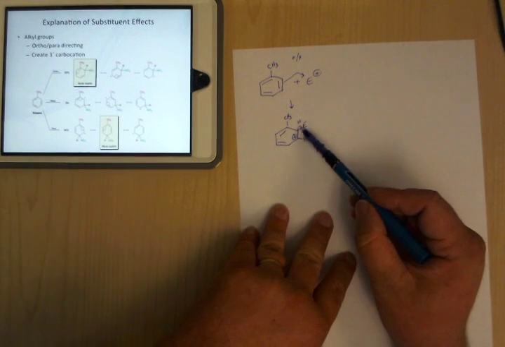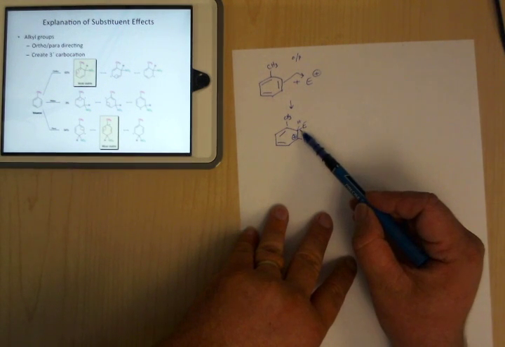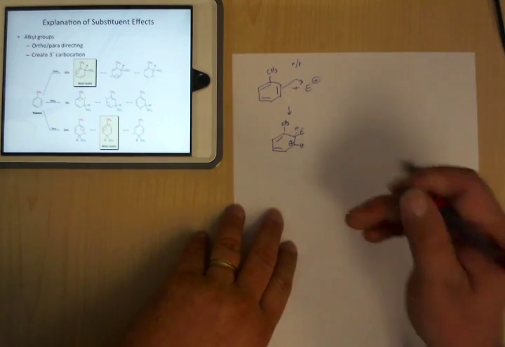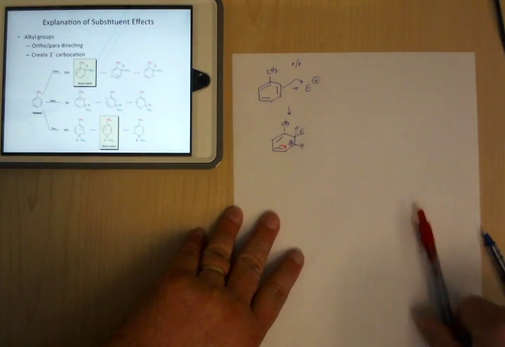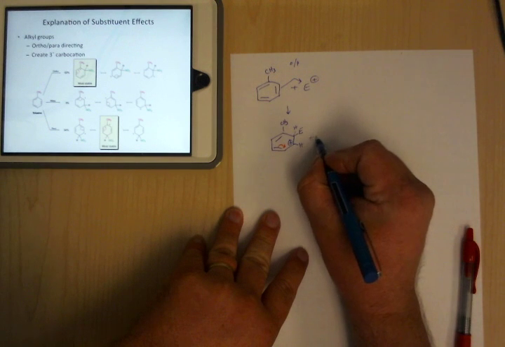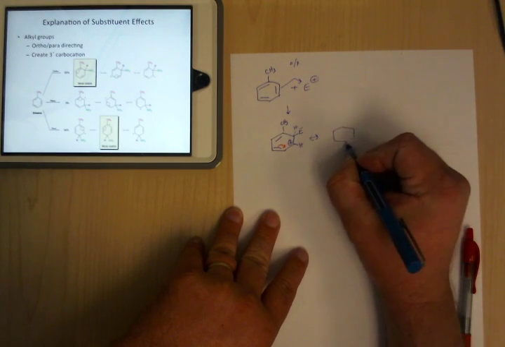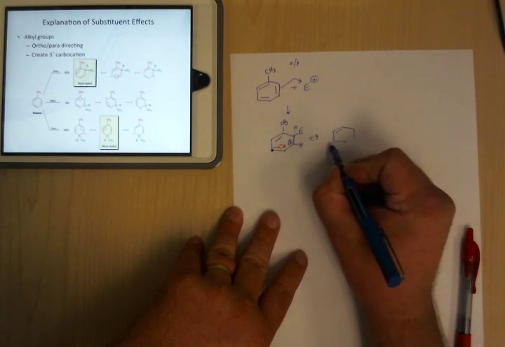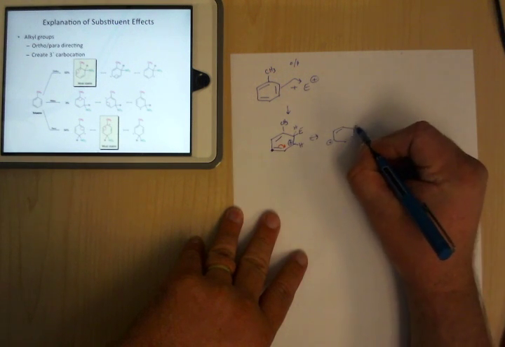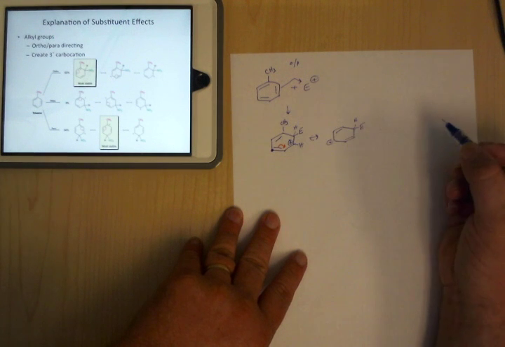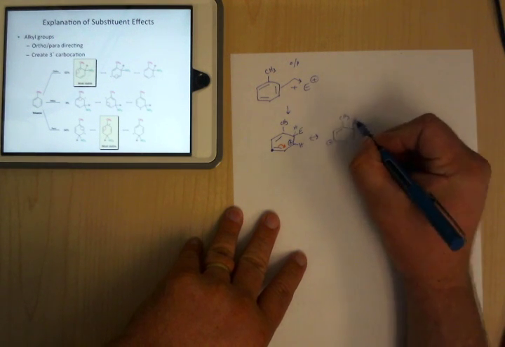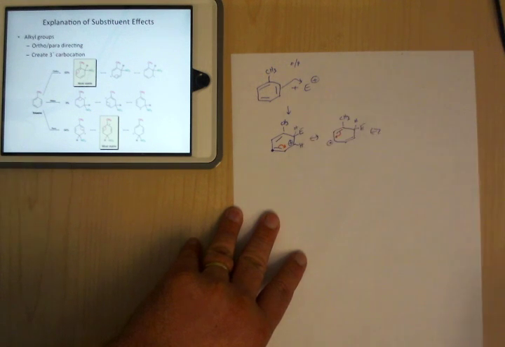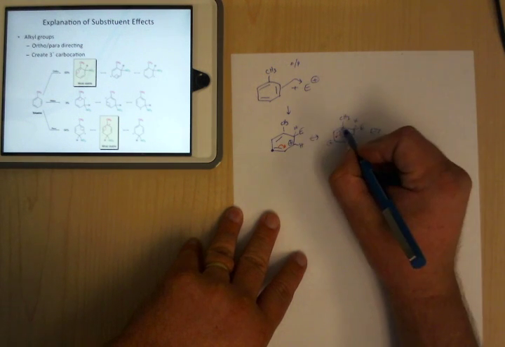So that puts, right, we're going to put the E on this, right, because we know it's ortho, right? So that puts the positive charge there. Now we're going to do our resonance structure. We go there, right? We have the skipping effect. We're going to skip there and go here, right? We can draw another resonance structure where we move that there, right? So again, we're going to have that skipping effect and going here.